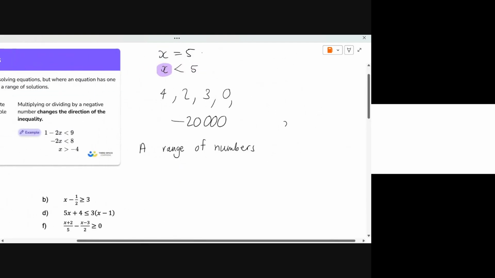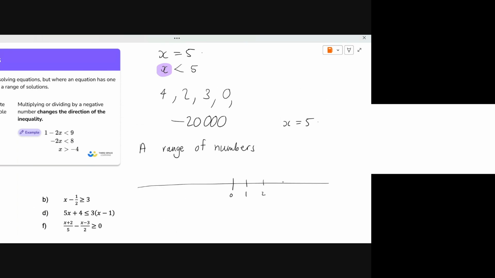If I said to you guys x is equal to 5, and I gave you guys a number line, let me do this. 0, 1, 2, 3, 4, 5. Let's extend it a little bit, 6. Let me go this way as well. -2, -3, -4. And I say to you guys, x is equal to 5. What I'm going to do is I'm going to go to the point where 5 is, and I'm going to put a dot there.